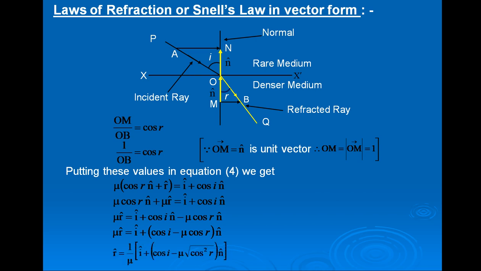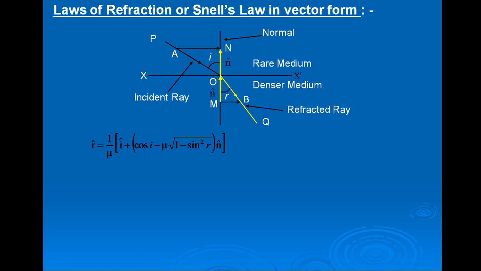cap, or r cap is equal to 1 upon mu into, within the bracket, i cap plus, within the small bracket, cos i minus mu into under root cos square r, because square and under root cancel each other, so we can write cos r as under root cos square r, into n cap, or r cap is equal to 1 upon mu into, within the square bracket, i cap plus, within the small bracket, cos i minus mu into under root 1 minus sin square r into n cap.